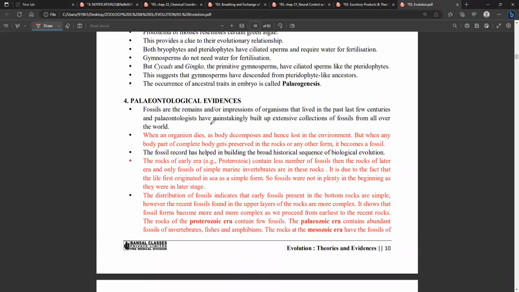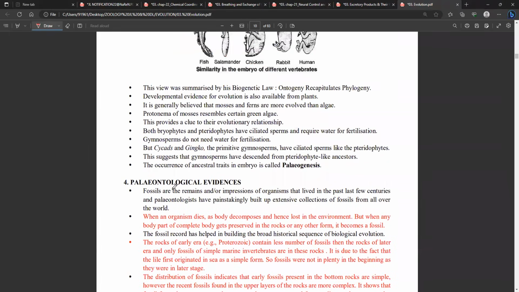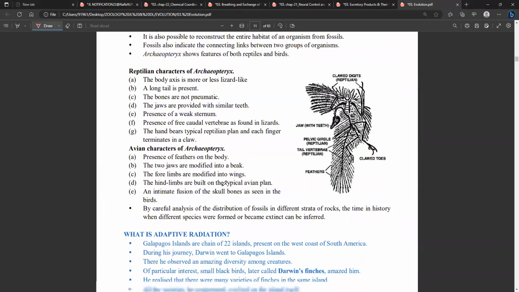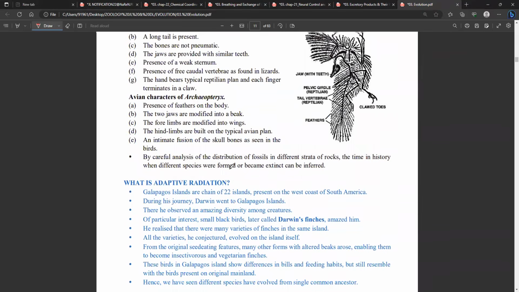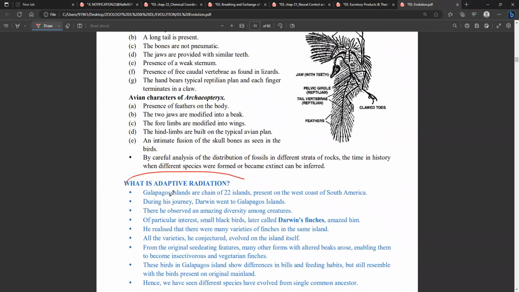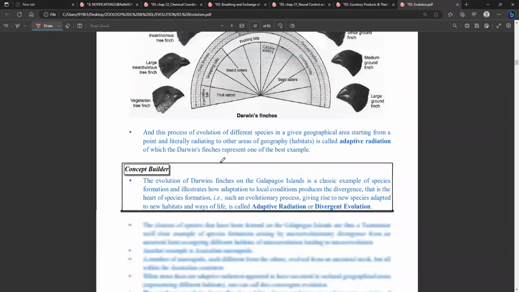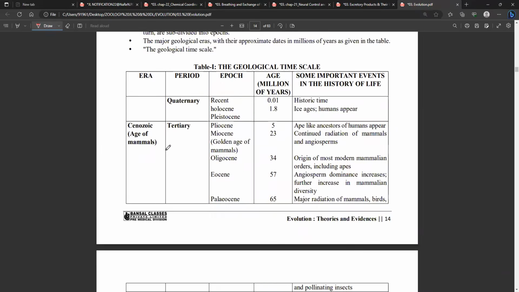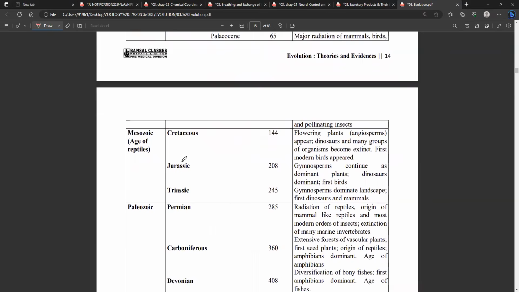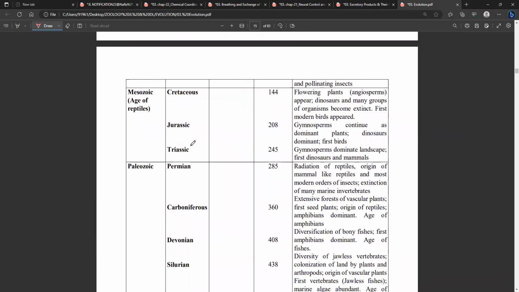And very specially, they have mentioned in the syllabus copy paleontological evidence with respect to human beings. They said human evolution, but if you want to read human evolution, first you have to read the entire geological time scale. When you are reading it, they can ask a very direct question, friends. For example, which is the golden era of the dinosaurs?